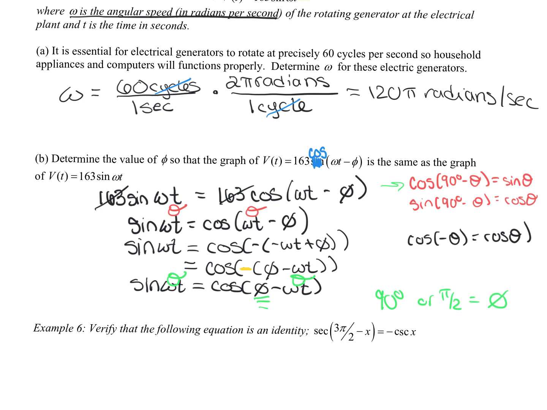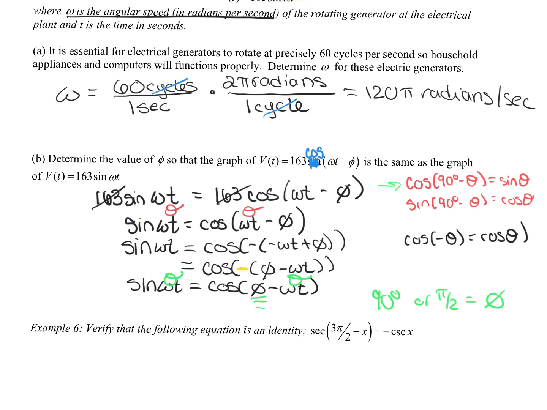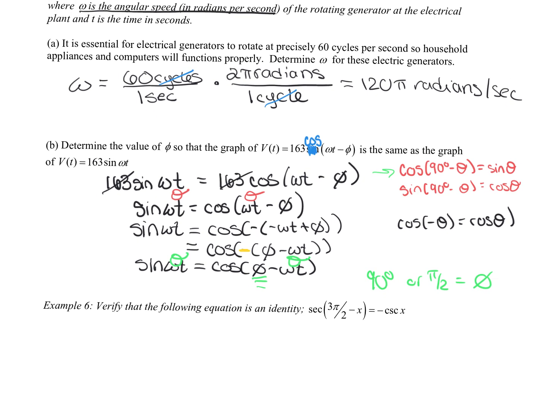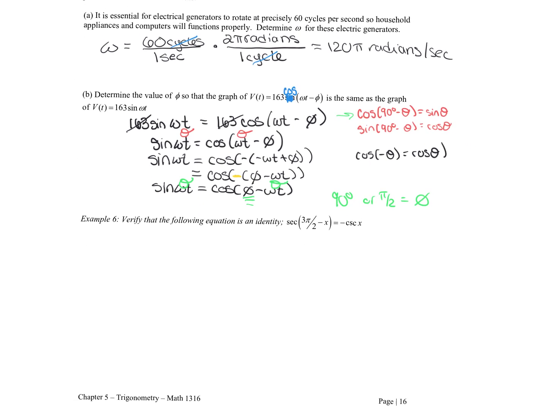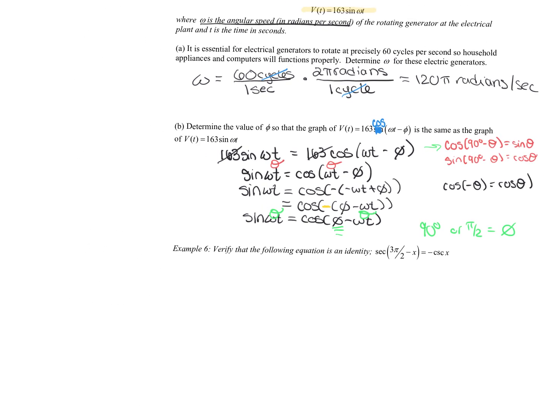And if you don't believe that, I can prove it. So hang on, let me prove it. I'm going to run out of space. Oh yeah, I did pick up. So let me write this over here. I'm going to replace this sine by a co-function. So we know that sine of theta equals cosine of 90 minus theta. So I can write cosine of 90 degrees.